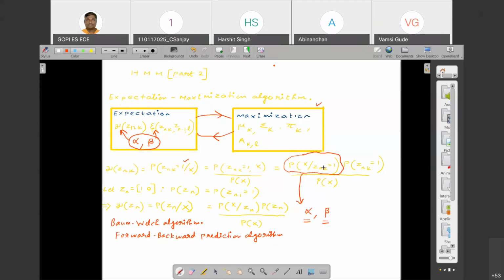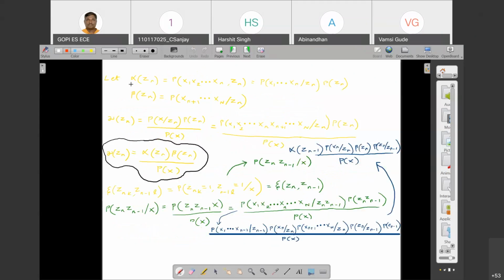How? You see that. What is alpha of Zn? From this point onwards, we are not using the double subscript. We are using a single subscript, indicating that Zn either takes the value 10 or 01. So it is basically the nth latent variable.